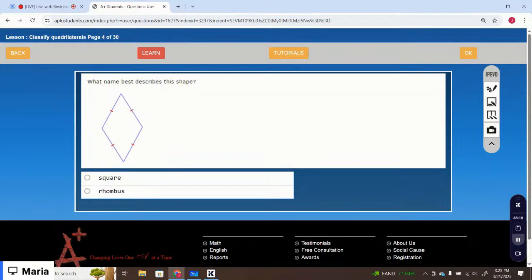Square or rhombus? That is rhombus. Option number two is the correct option.